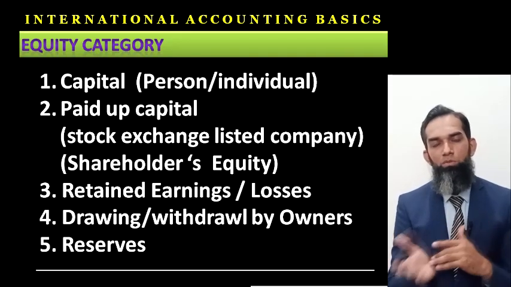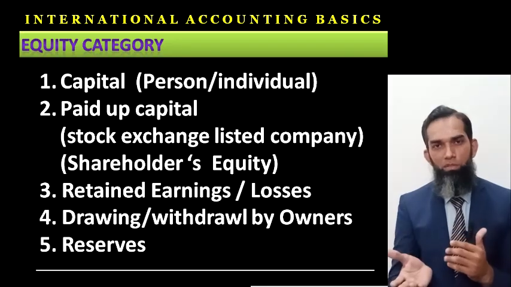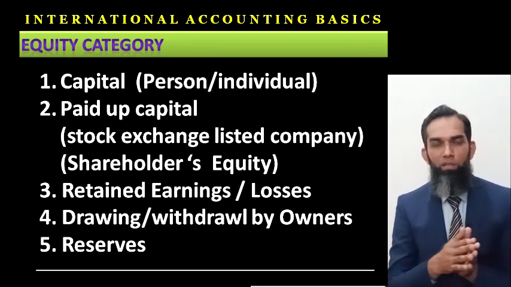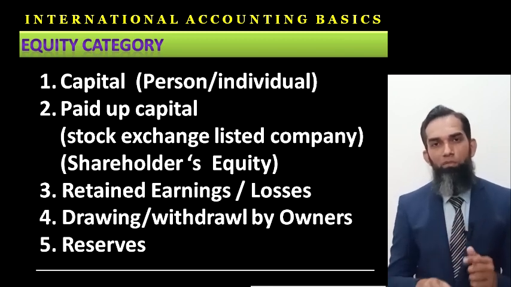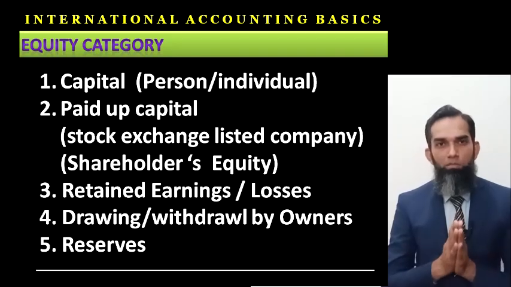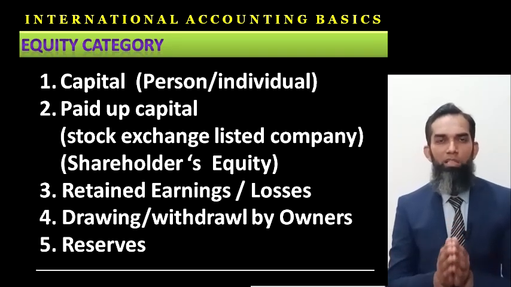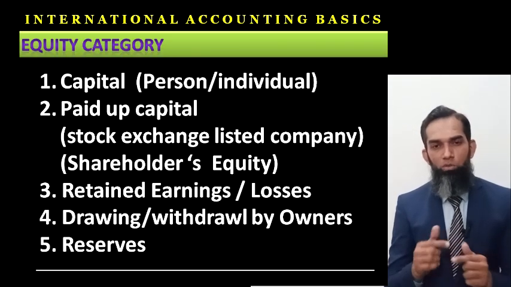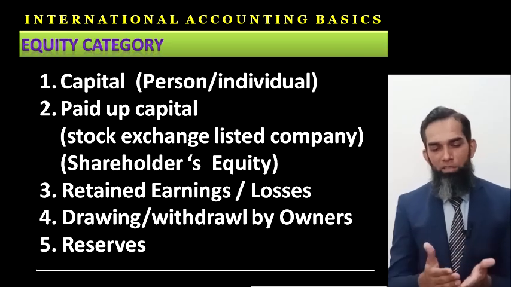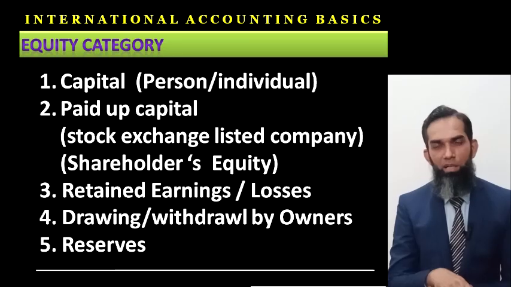After closing of the financial year, if a company has a financial year from July 2023 to June 2024, then at the end of 30 June 2024, they have to close all the sales balances and all the expense based accounts. To close means the difference between the sales and expenses goes into the retained earning account.